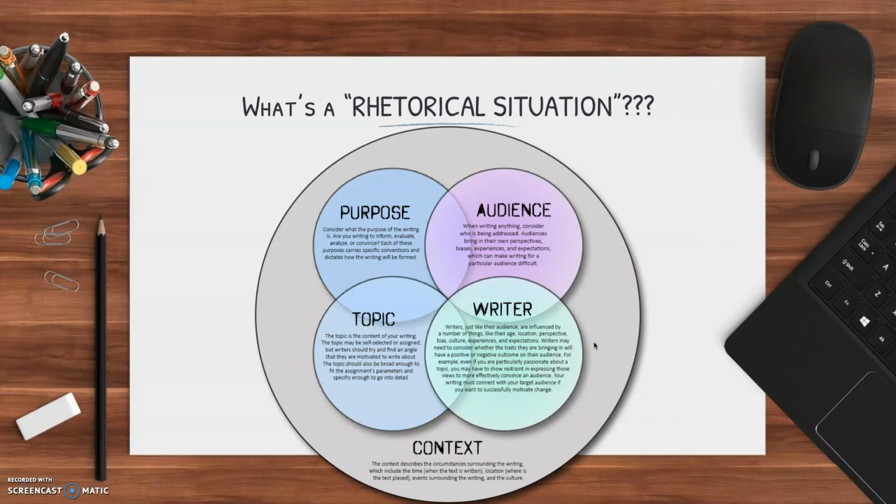On the ACT, for example, you might be asked a question about how a writer can best achieve a specific purpose for an individual topic. So it's going to be kind of understanding the relationships between these things that will help us be successful on the ACT English section.